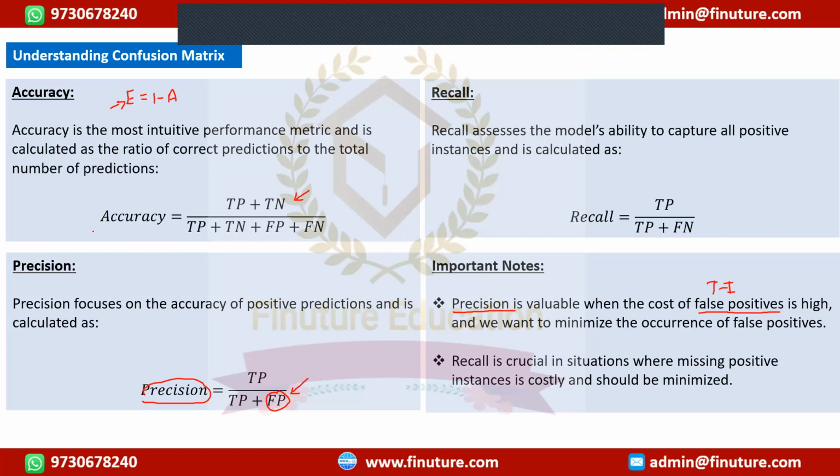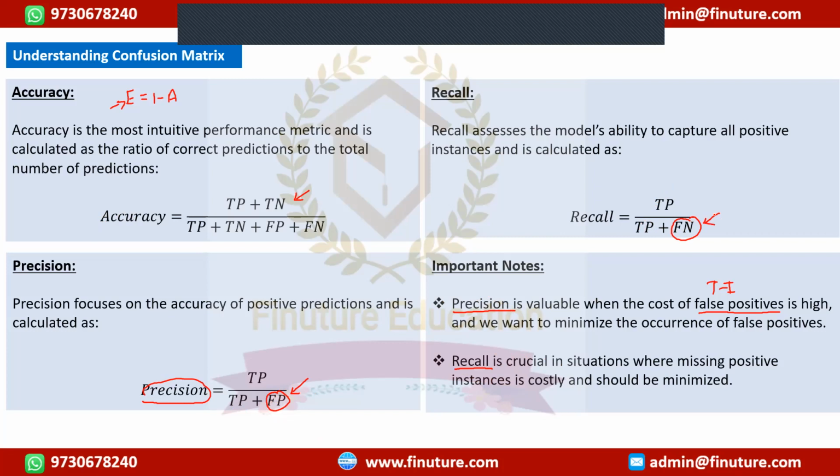Of course, accuracy is important for all the models. But when you want to work on certain things, like in this case type 1 error, it is precision that you would be focusing on. And when we say recall, it's true positive over true positive plus false negative. When we say false negative, it's a type 2 error.